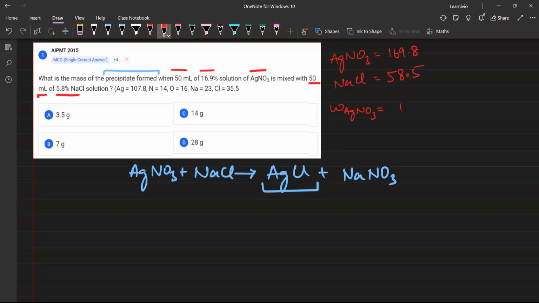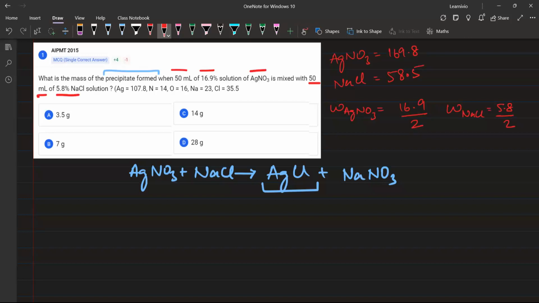This is equal to 16.9 times half. Why? Because 16.9% in 100, how much do we have? 16.9 grams. So in 50 ml, how much will we have? Half of that. Similarly, the mass of NaCl will be equal to 5.8 times half, because here also we are taking 50 ml of NaCl.